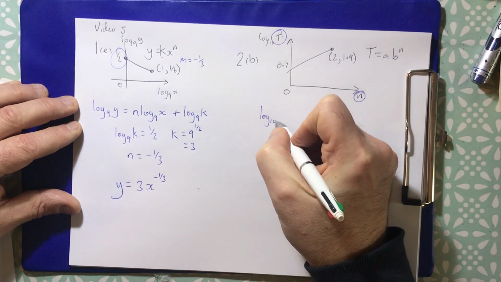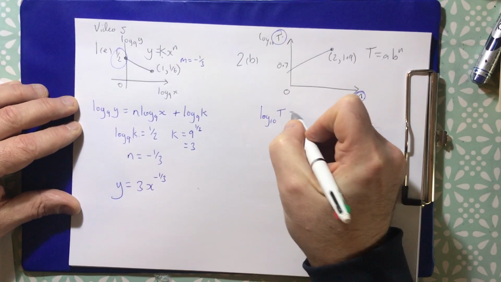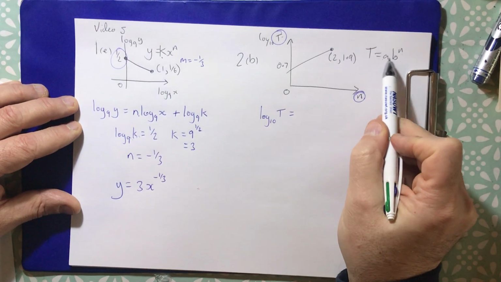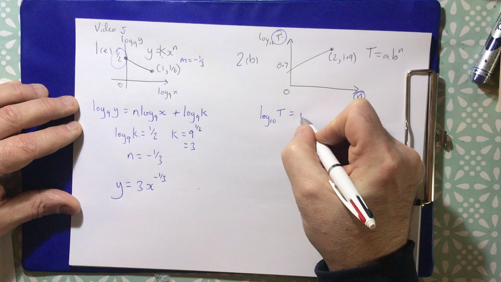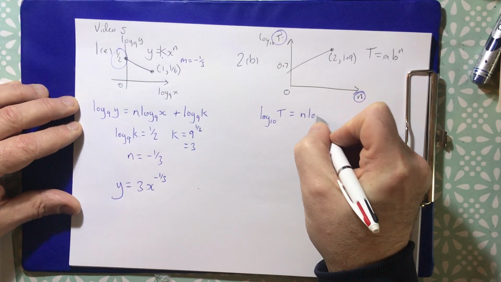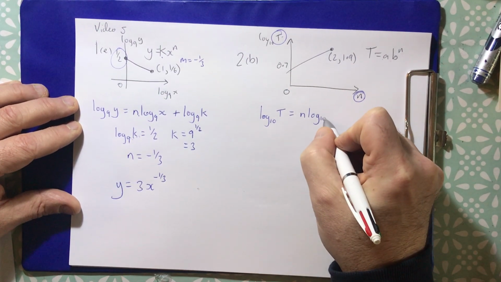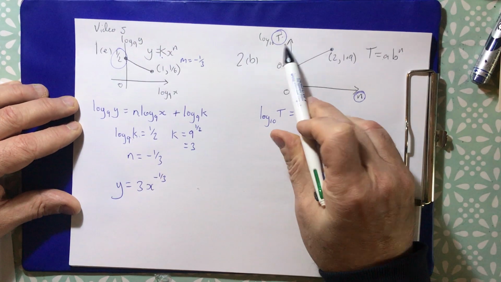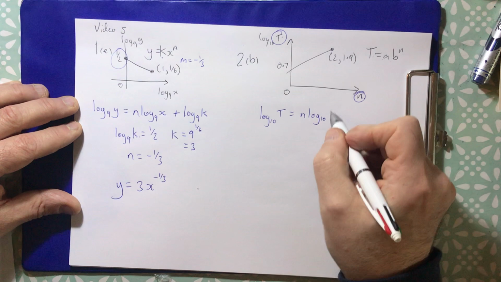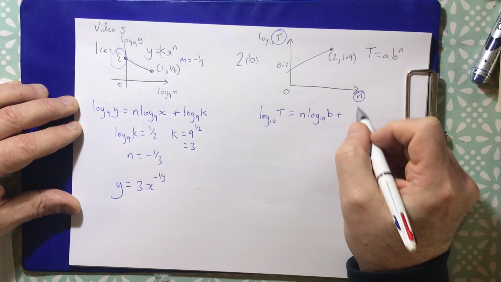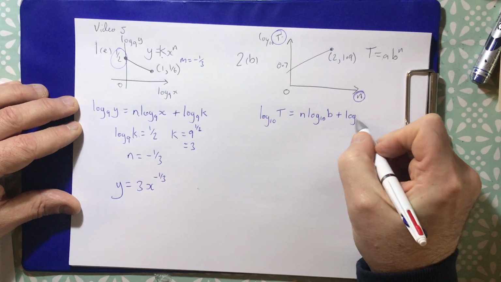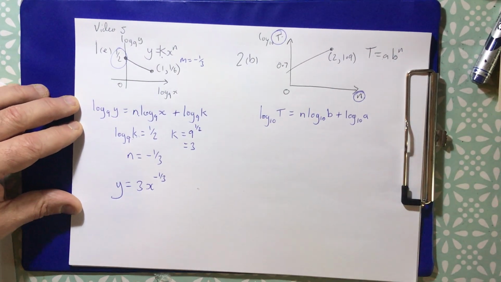Going to have to use a calculator in this one, I expect. Okay, and what have we got? If we do that, we're going to have n, which is our variable, times log to the base 10 of b, plus log to the base 10 of a. I'm taking the log of both sides here.